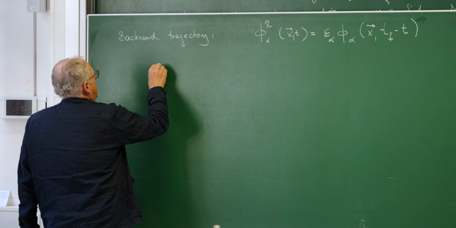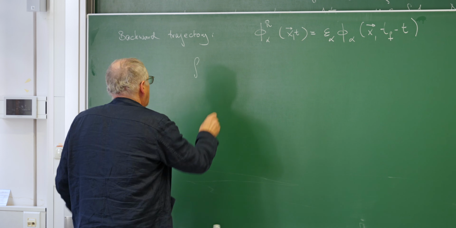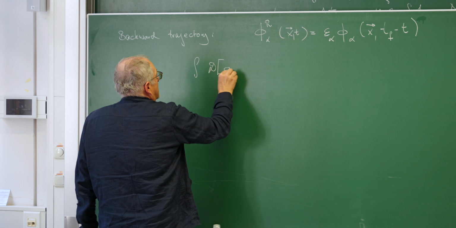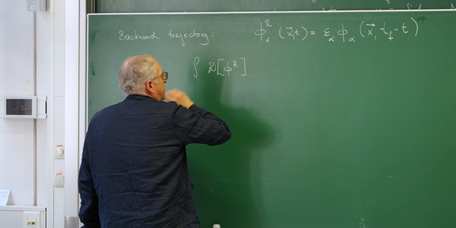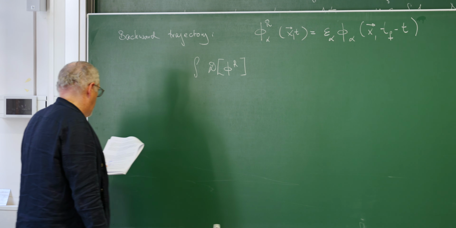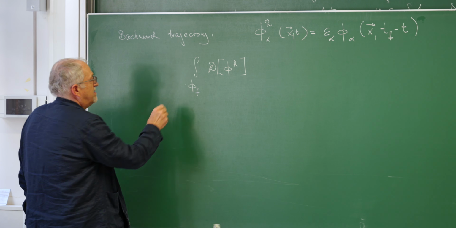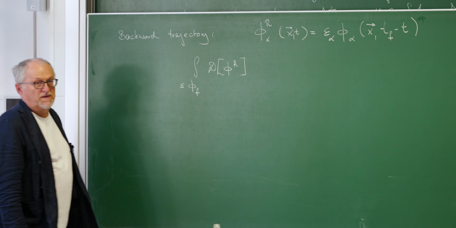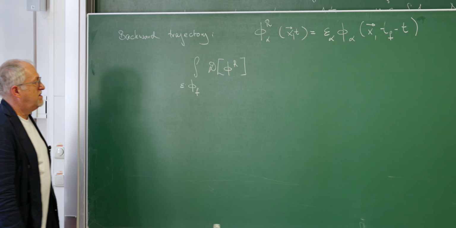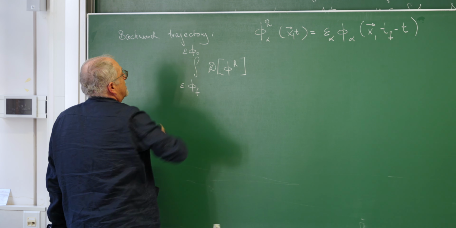So for that, I'm getting an integral over all these reversed paths from phi f to phi naught. They start at phi f, but of course I need to multiply with epsilon. So to be precise, this is for each alpha, epsilon alpha, phi f alpha, and I'm going back to phi naught.